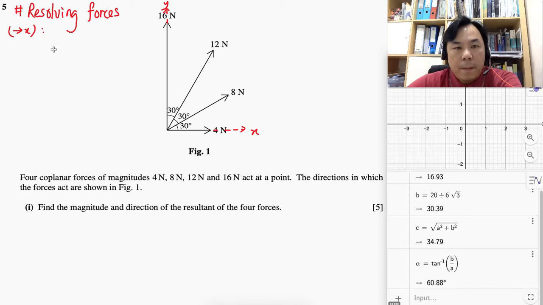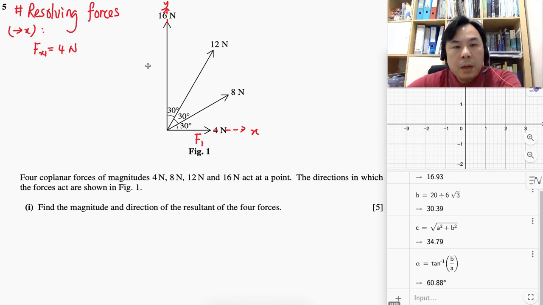Now we have a 4 Newton, so Fx is actually 4 Newton. This is the first force, 4 Newton to the right, so I just labeled it as x1 here.